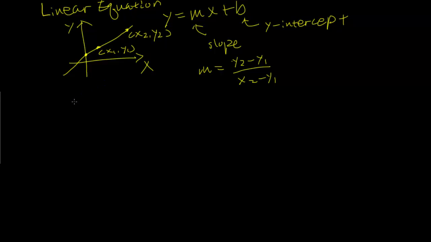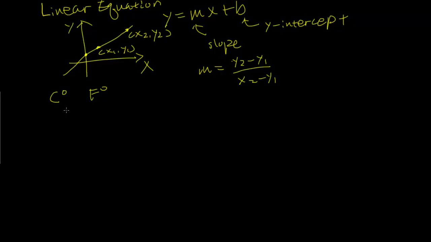Let's have an example and see how it works out. We have temperature, Celsius and Fahrenheit. The relationship between these two units is linear.